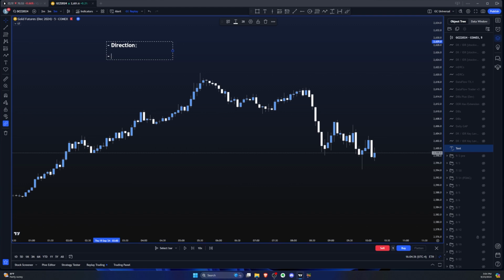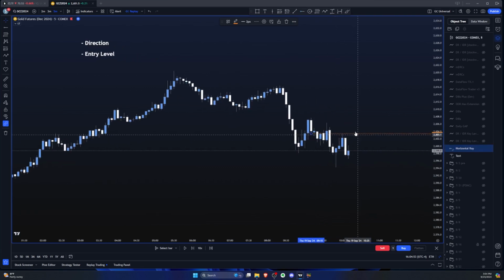The other one is entry level. You need to have something that's telling you where to enter. Let's say that you're looking to go down. Well, where do you enter? Do you enter on the close of this right here? Do you enter on the close of maybe this right here? What if you're looking to go up? What if your system tells you to go up?